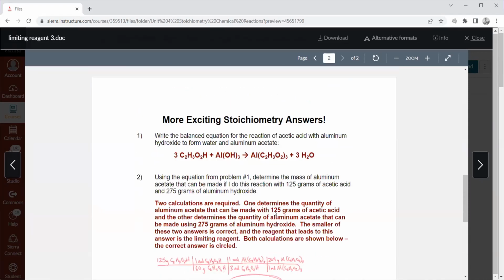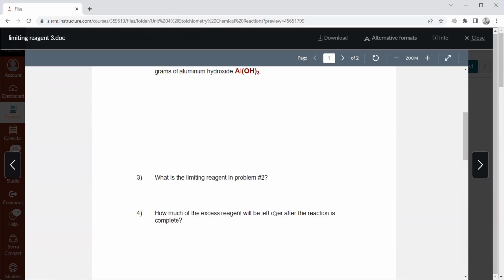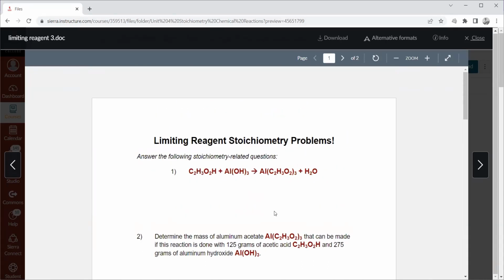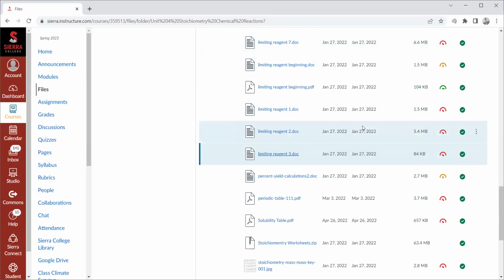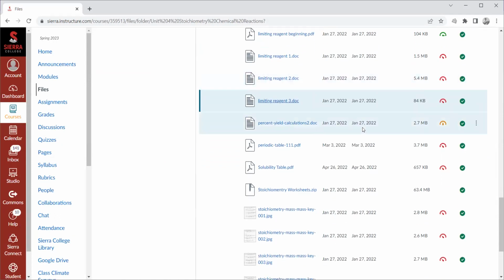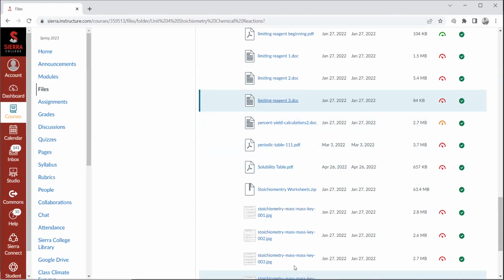Well, there's a lot of them here. This one here, that's one we just looked at.